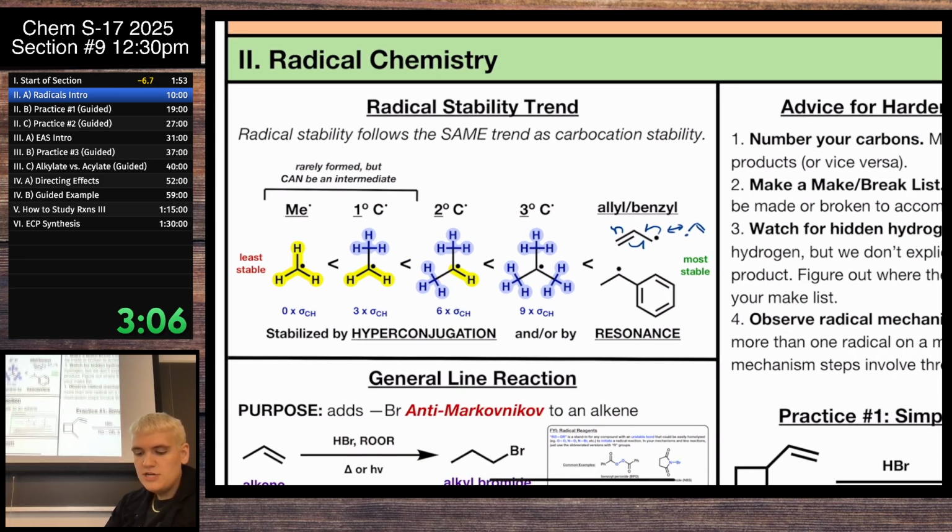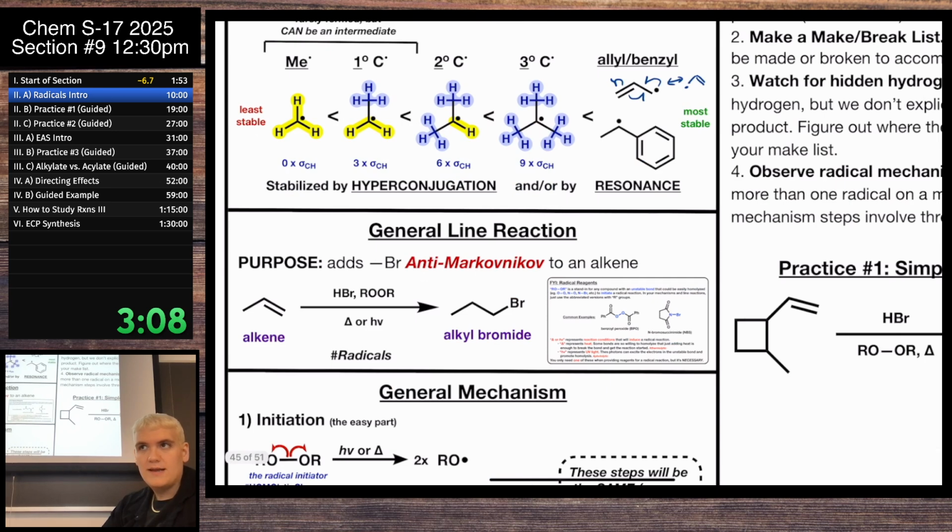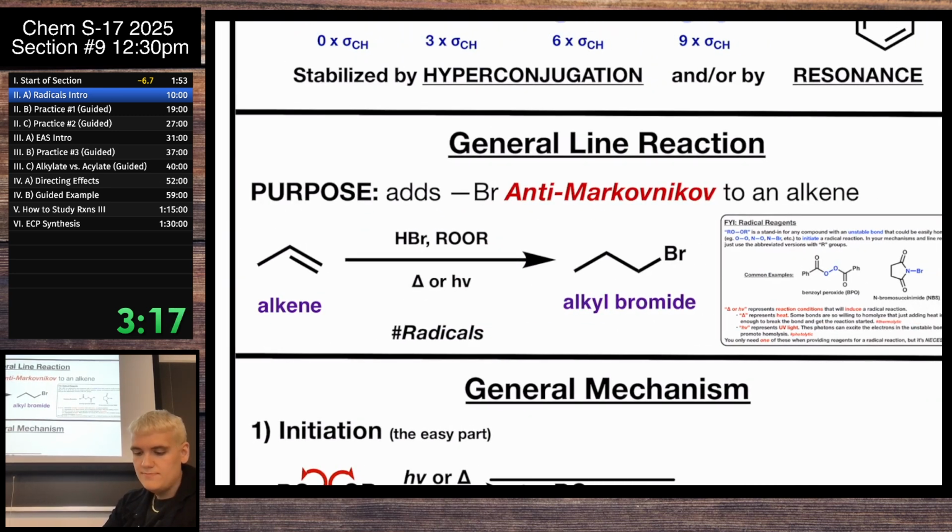Okay, well, our general reaction for radical mechanism that we learned in class was the HBr anti-Markovnikov addition. So normally if we just had HBr, we get the product where we add bromine on the more substituted side. So Markovnikov rule, more electronegative group to the more substituted side.